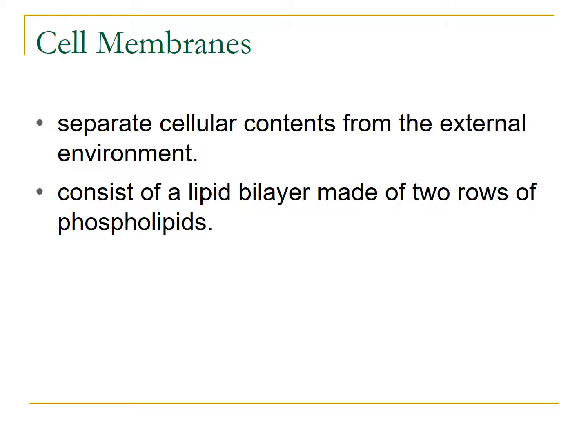A cell membrane is going to consist of a lipid bilayer, so it's a double layer of lipids, 2 rows of phospholipids. So these glycerophospholipids that we talked about as one of the major types of fatty acid based lipids. These glycerophospholipids, which have polar and nonpolar regions, or are amphipathic, are going to make up most of the cell membrane, and they're going to be a double layer in the cell membrane.